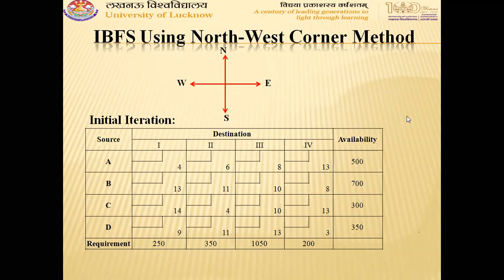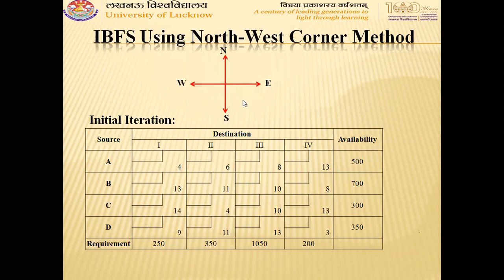For making allocation, first we see this diagram which shows the directions: upside is north, right hand side is east, below is south, and on the left hand side it is west. So northwest will be at this corner.